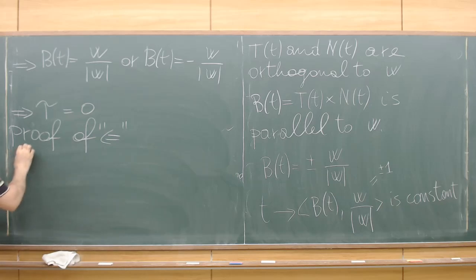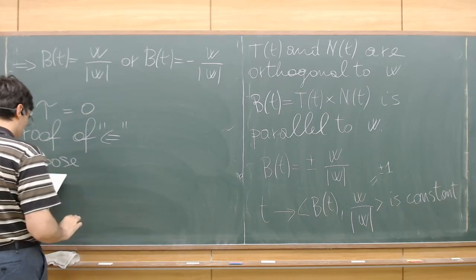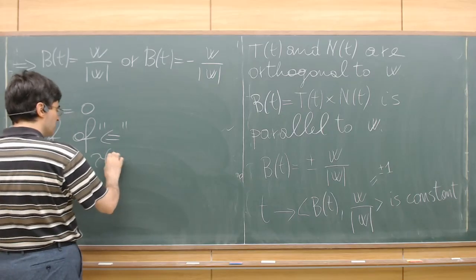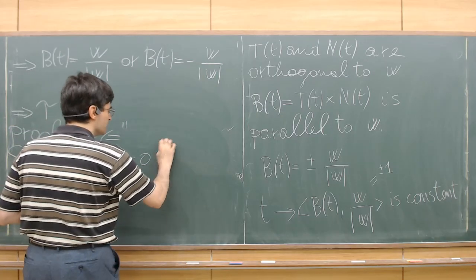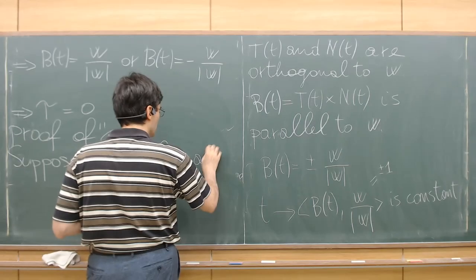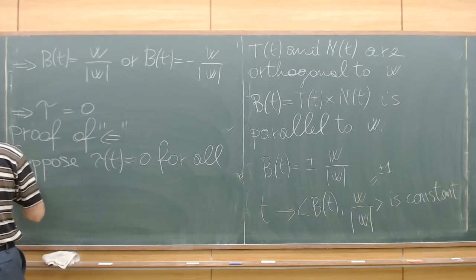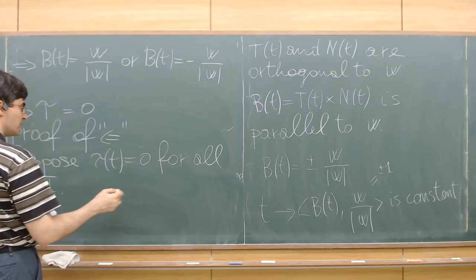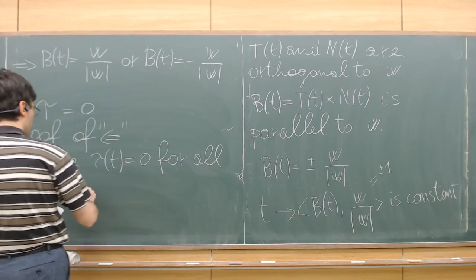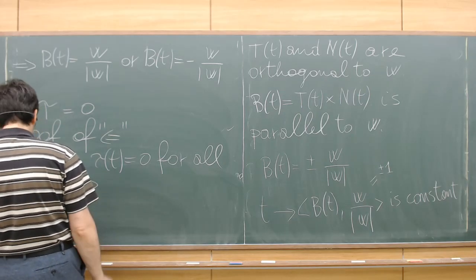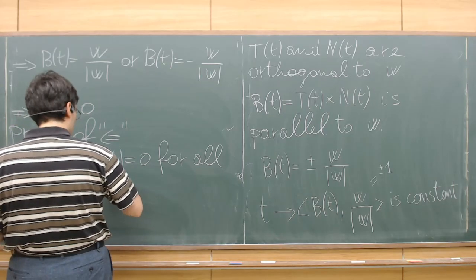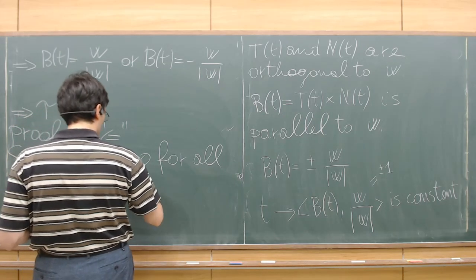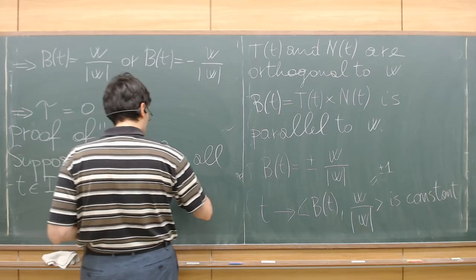So suppose that tau(t) is 0 for all t in I. From the definition of torsion, this implies that B(t) is a constant vector.